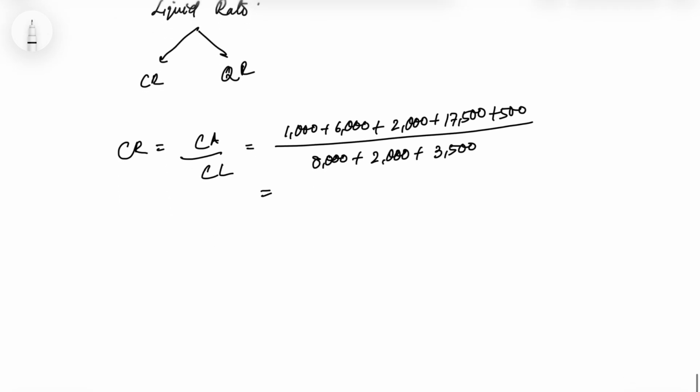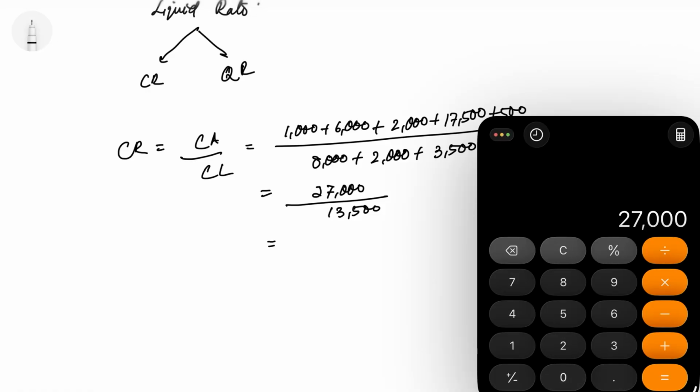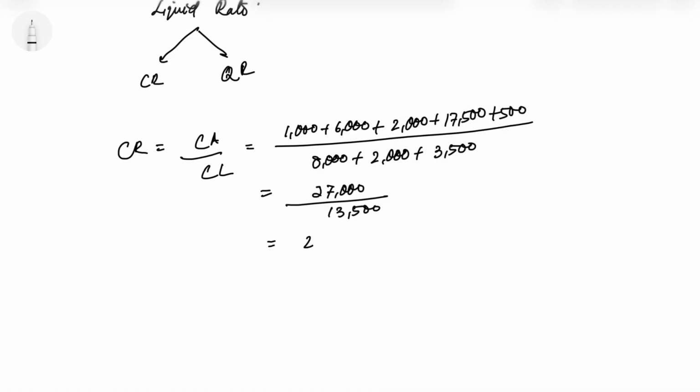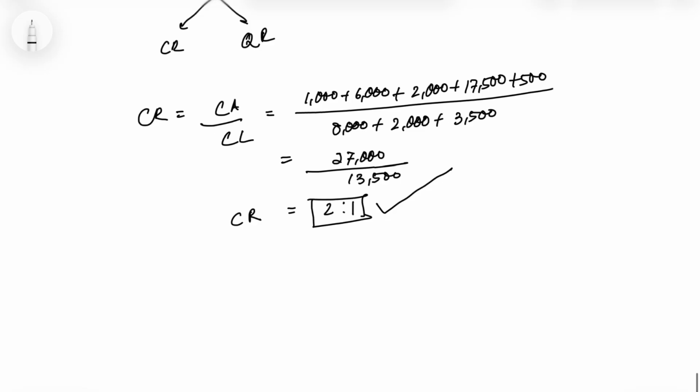So the total is 27,000 divided by 13,500, which is 2, that is, 2 is to 1. This is the current ratio. The ideal current ratio is 2 is to 1, so the liquidity position is good.